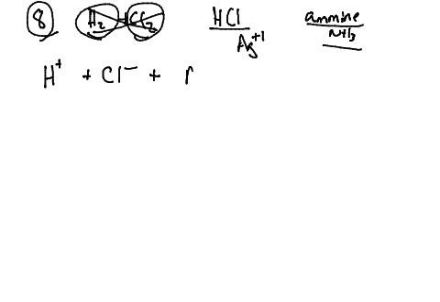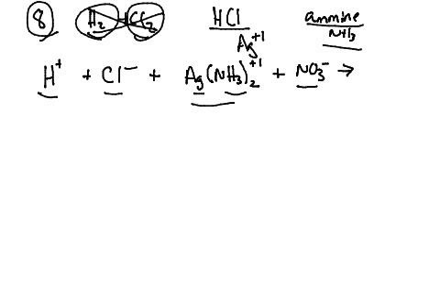So this is going to react with Ag. This is just the way we name these complex ions. Diamine, silver, and the charge is +1, nitrate. We'll split off the nitrate because all nitrates are soluble.